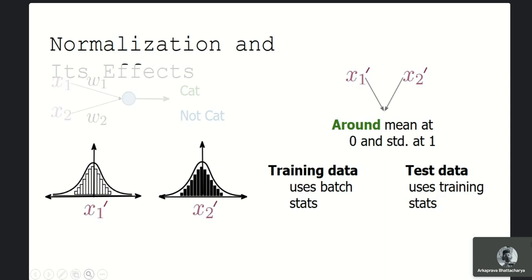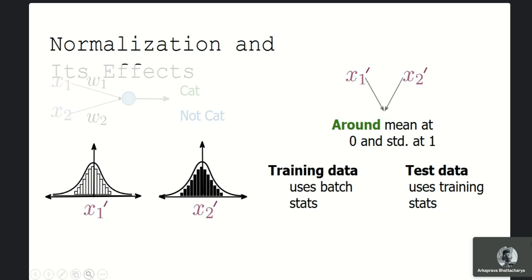The mean and standard deviation calculated for training data were different, and for the test data it might be different. And test data you are providing on the go, not the entire batch of the test data to your network. So while you're training your network, you calculate the batch statistics, that is the mean and the standard deviation, and you use the same batch statistics while you're using the test data.